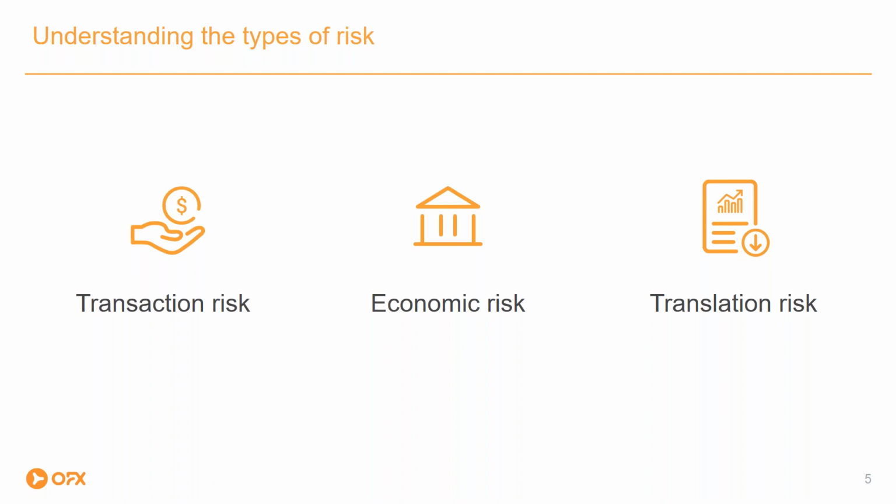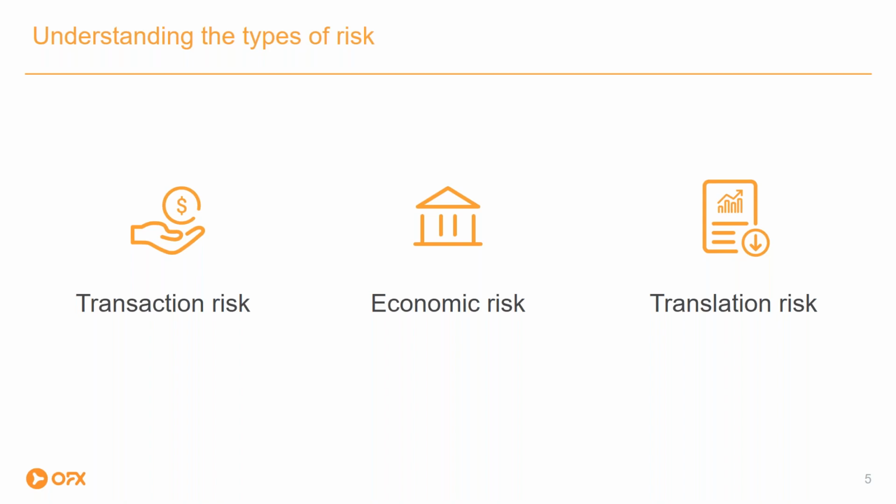So let's go back to our Aussie importer. They receive an invoice in US dollars from their supplier in China that needs to be settled in 30 days. While they know the price in US dollars, they won't know the cost in Aussie dollars until they make the payment. So depending on what happens in that 30 days could mean that they pay more or less for the same amount of US dollars.